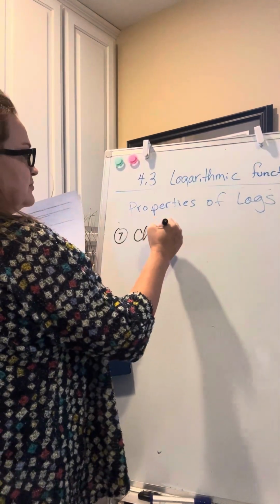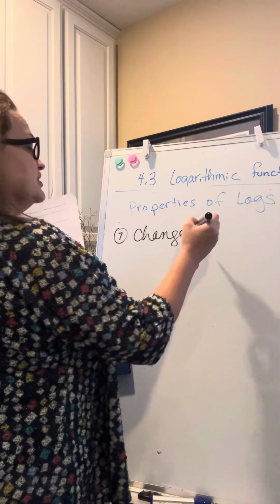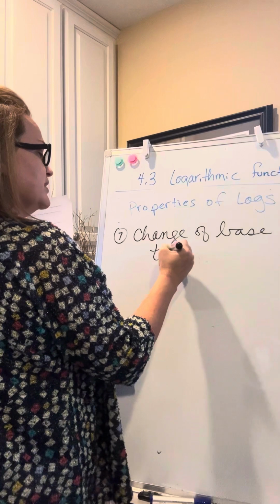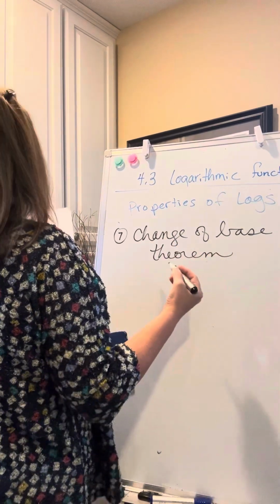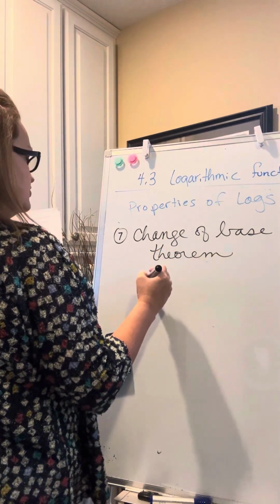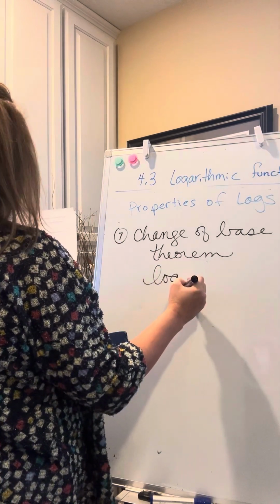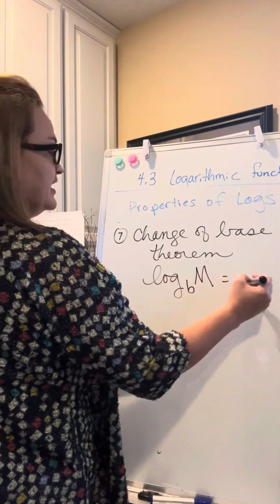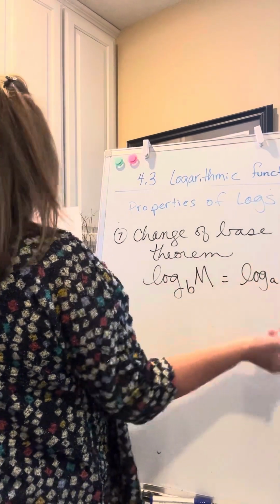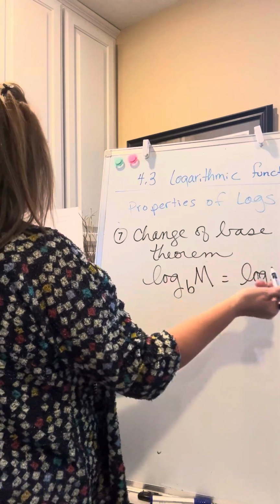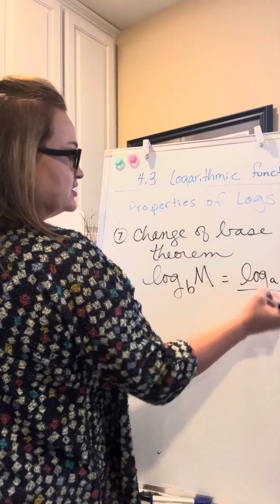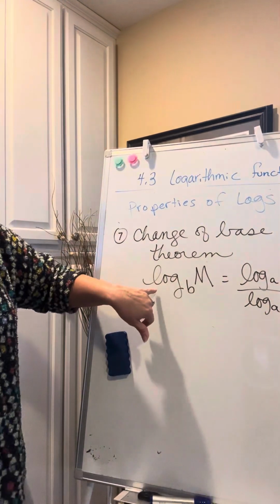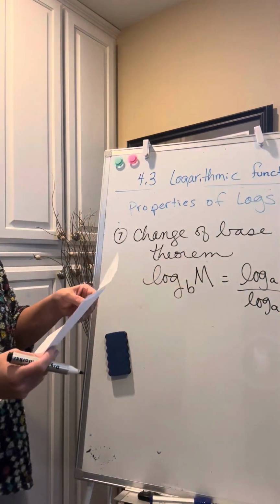The change of base theorem helps us with a ratio if we don't have a base 10 or E. So for example, and this is how it's listed in your official notes or in your book, if you have log of any base, we can write that as the log, any base, whether we do base 10 or base E on our calculator, of the m, and you have to use the same base of the B. Wait a minute, I think I'm missing something there.